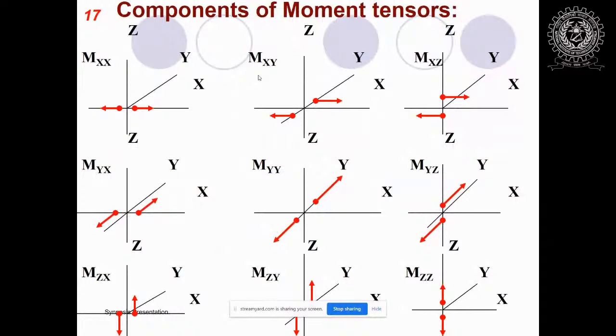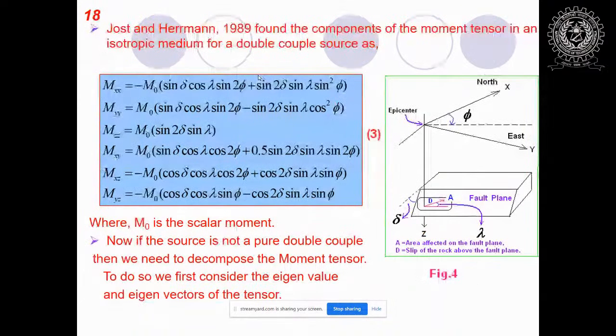So this slide shows the different components of the moment tensor M in the x, y, z coordinate system. Jost and Herrmann in 1989 derived the components of the moment tensor in terms of strike, dip, and rake in an isotropic medium for a double couple earthquake source. There is nothing in the physics of earthquakes which requires the source to be a double couple.